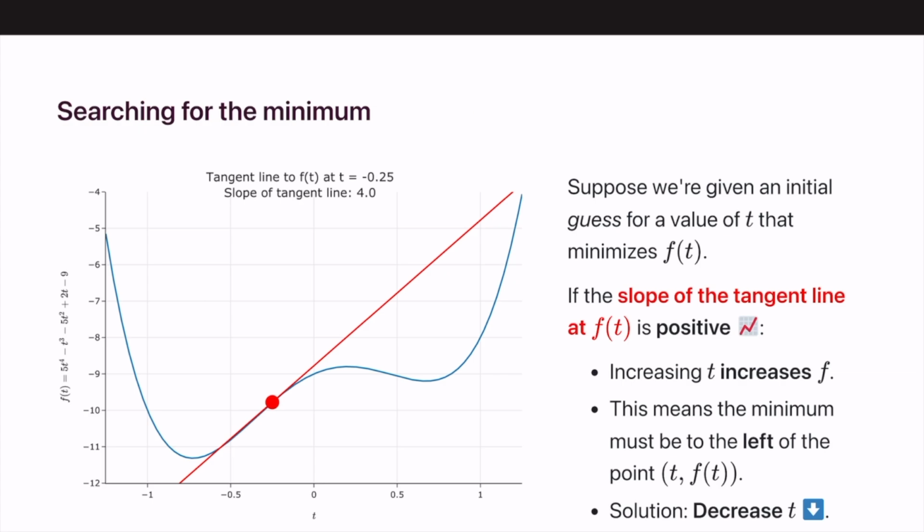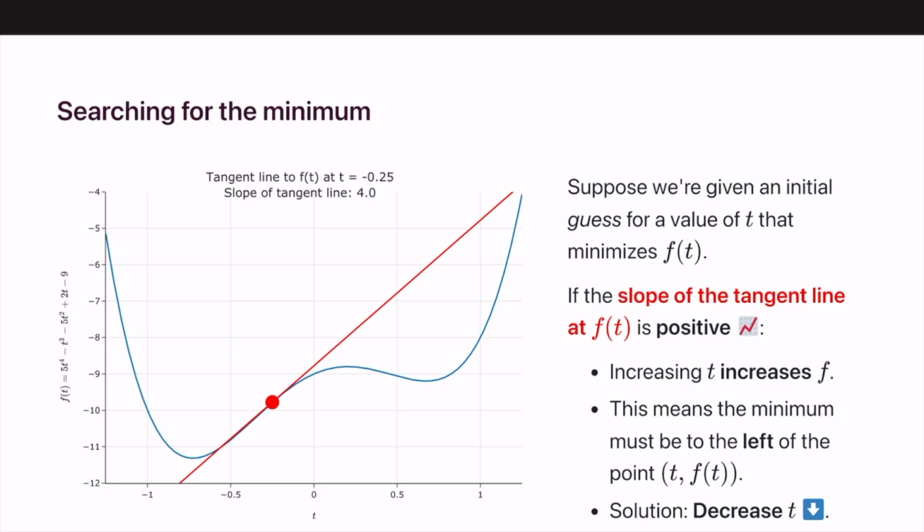So, suppose we're given an initial guess to the value of t that minimizes the function f of t. We want to go to the minimum, and we know that we want to end up here. We don't want to go here. So how do we move along this function? At any given location, anywhere we are, we can always know what the slope of the tangent line is and where we are in the function.